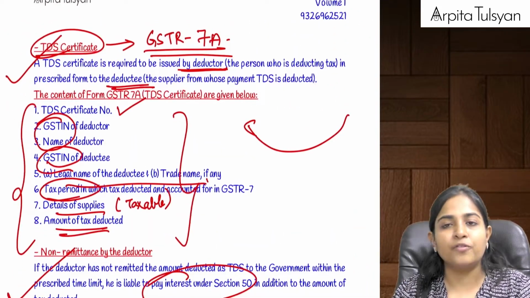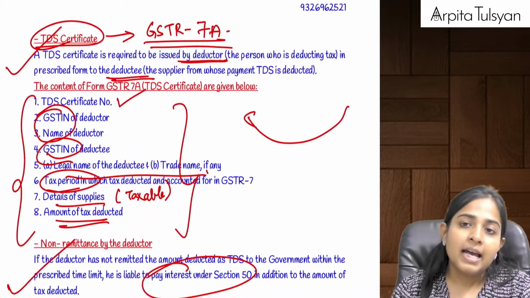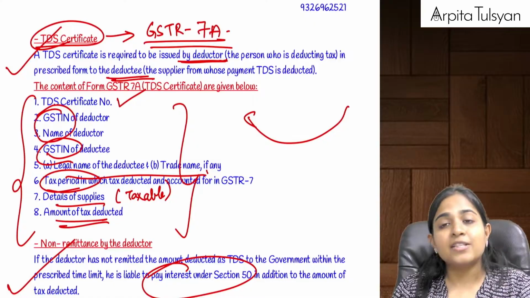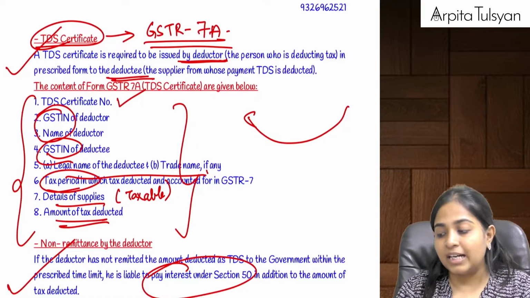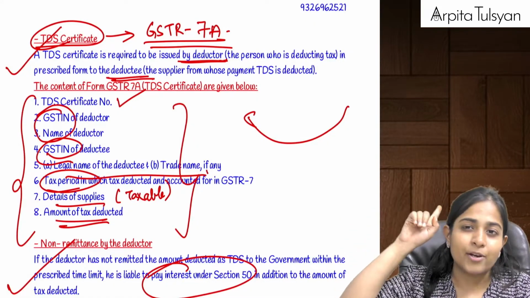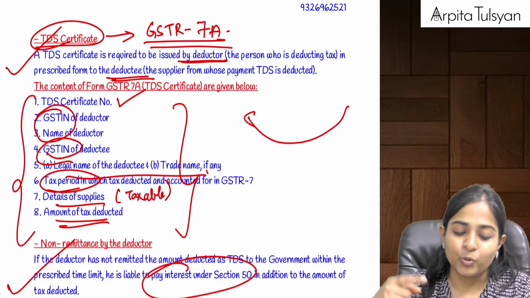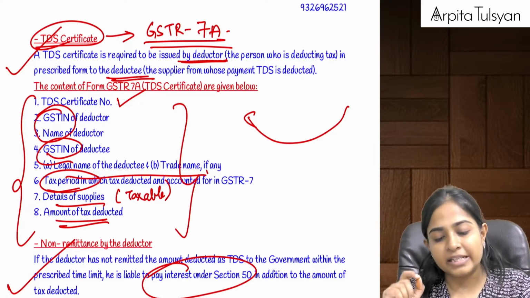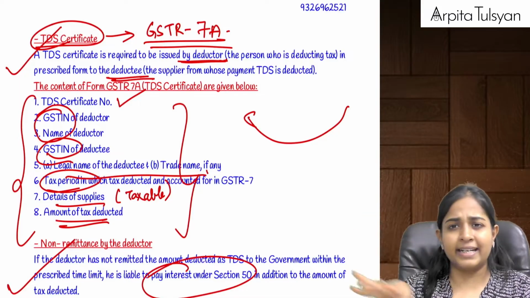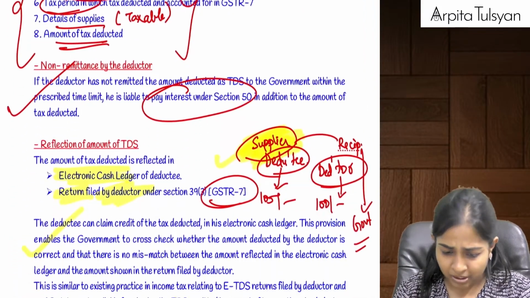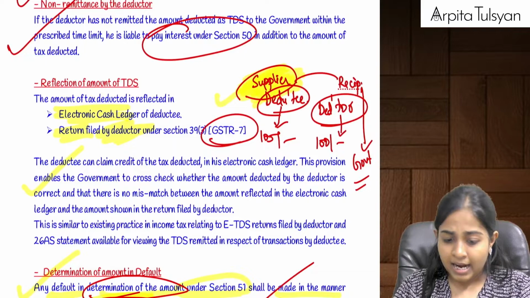Before the 10th of the next month, it should be deposited with the government. Then as soon as that person deposits it with the government, that deductor, just like in income tax, is required to issue a TDS certificate to the deductee in form GSTR 7A, which will contain all the details about the TDS deductions that have been done.